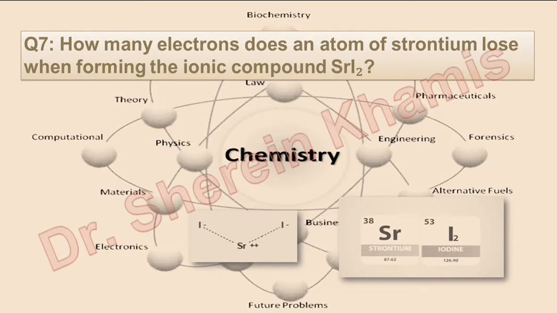So strontium gives its 2 electrons to 2 atoms of iodine. The transfer of these 2 electrons makes the ionic bond, forming SrI2. Okay, let's go into question number 8.